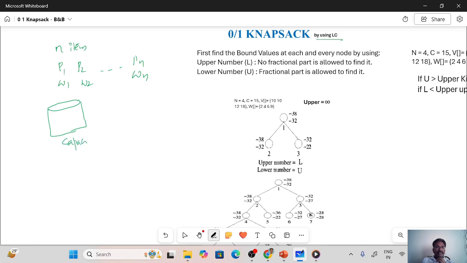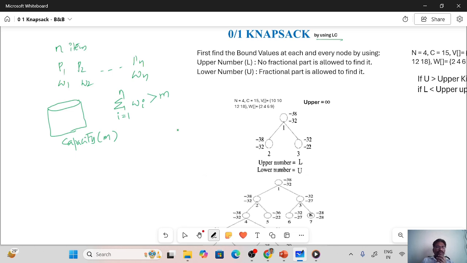That capacity we call the knapsack capacity, labeled as M. Our problem aim is to get the maximum profit from the items you place into the knapsack. Here the condition is, placing all the items into the knapsack is not possible. That is, the summation of all items' weights is greater than our knapsack capacity.